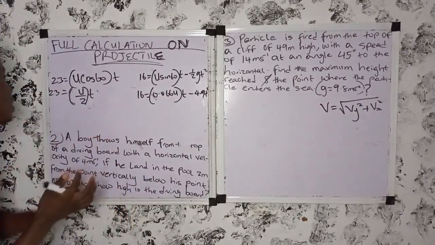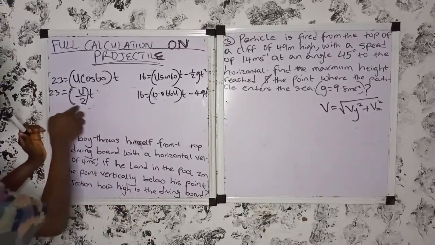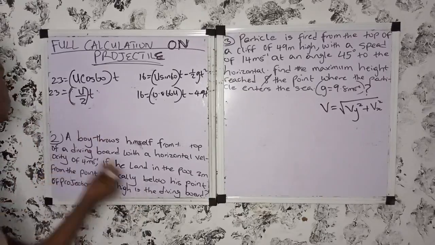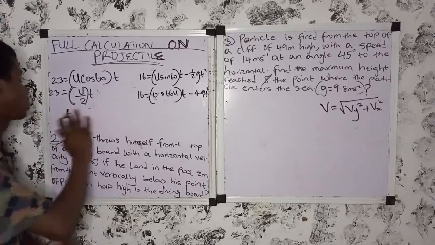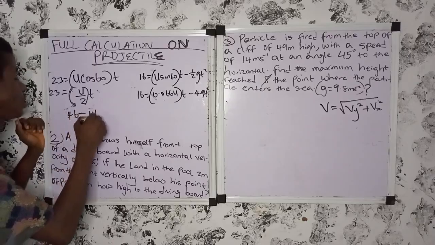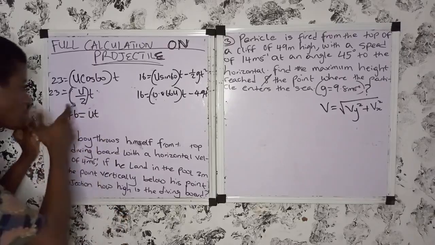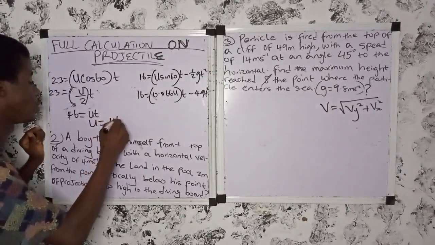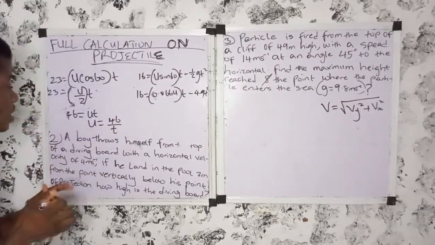So let's just do something like this. Let's cross multiply. 2 times 23 will give us 46, so it equals Ut, right? So let's make U stand alone. U will now be 46 over t, right? Yes.